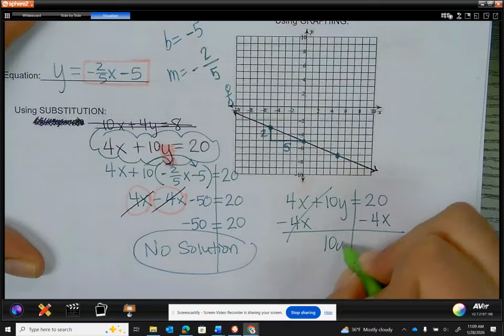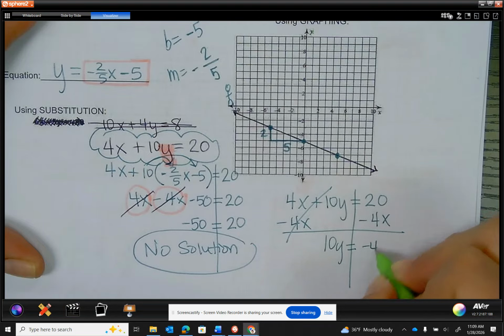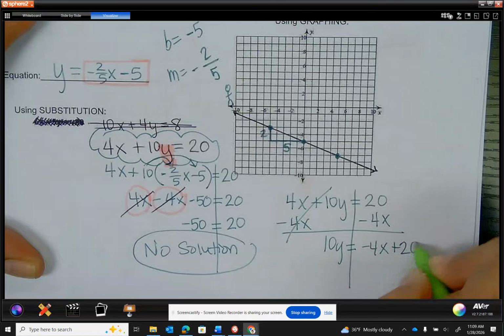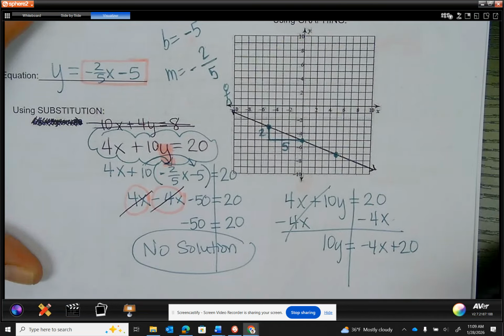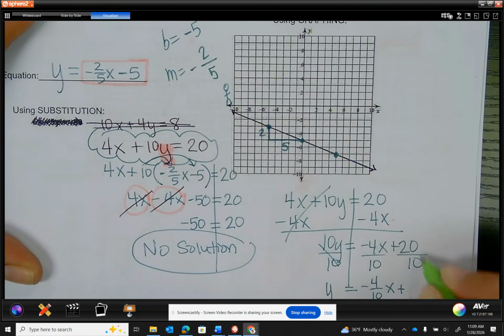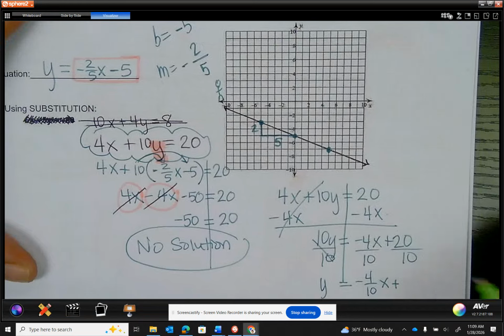So we have 10y is equal to negative 4x plus 20. I have to keep these two separate because they're not like terms. What's our next move? Divide all terms by 10. So y is equal to negative 4 tenths x plus... how many times can 10 go into 20? 2.